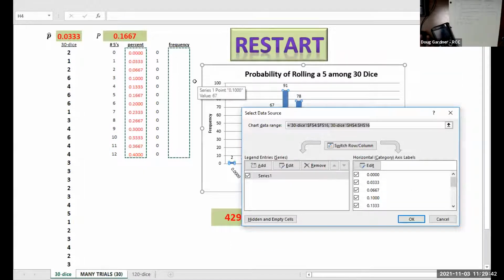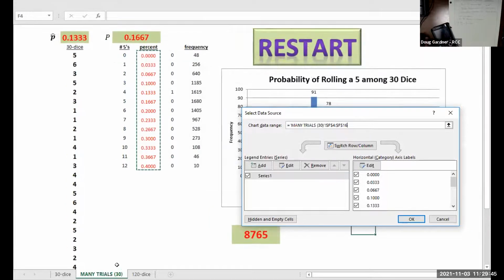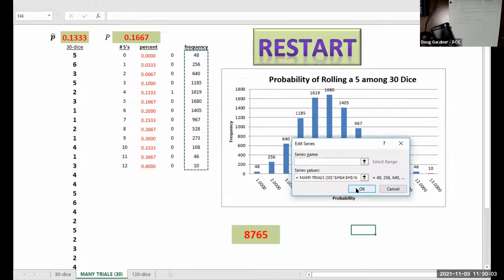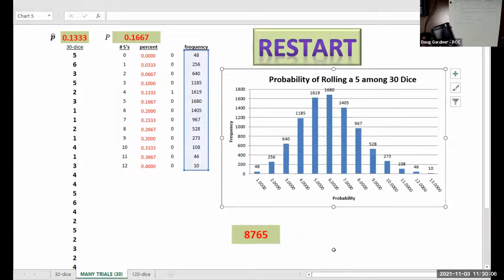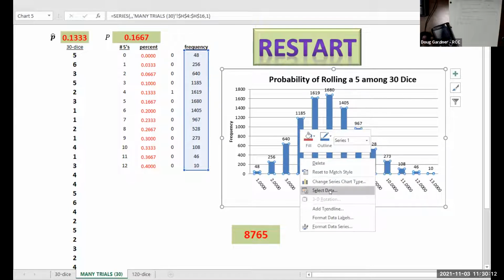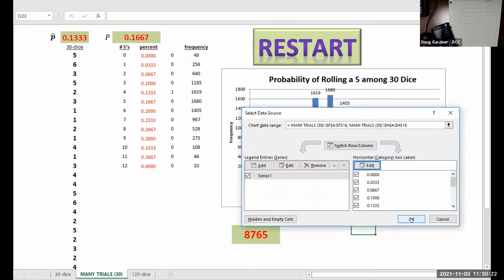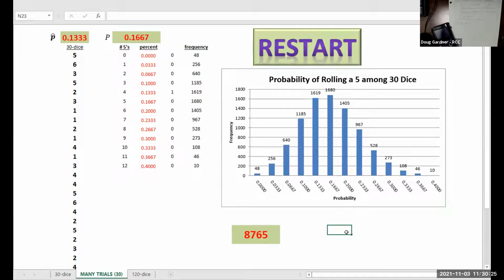See how it's reading it from that page over there? I want to read it from this page over here. There, I think I fixed it.